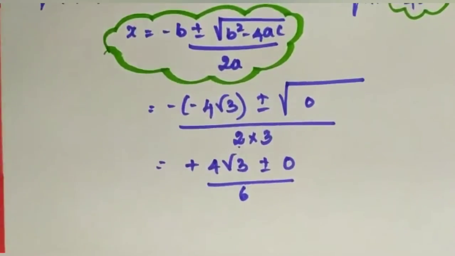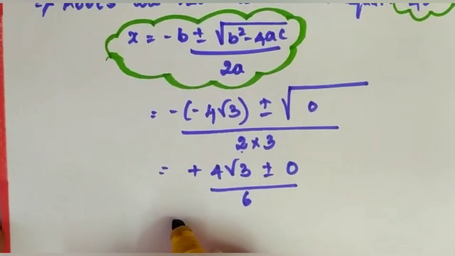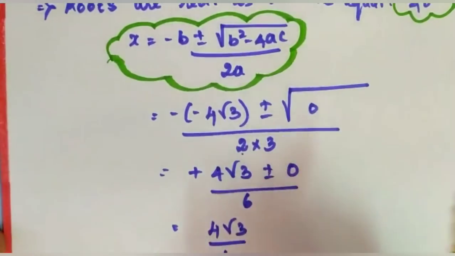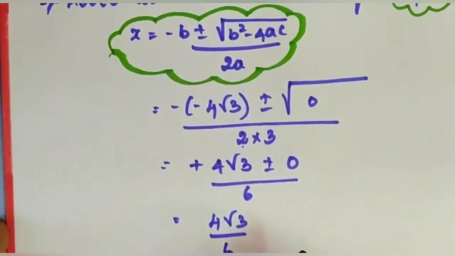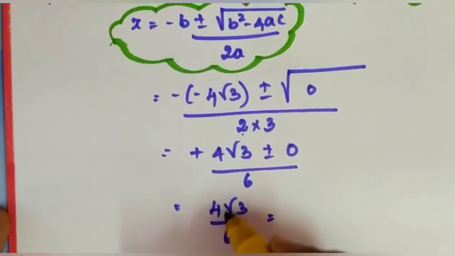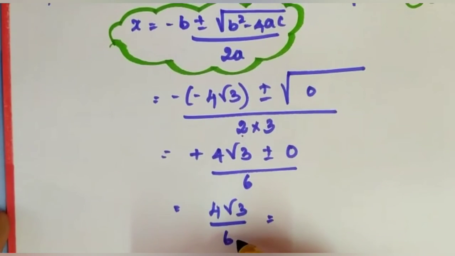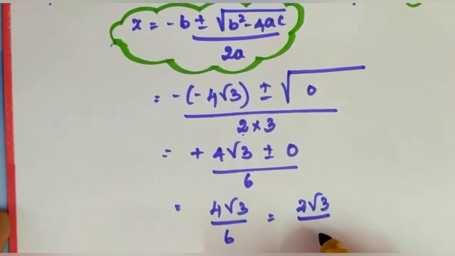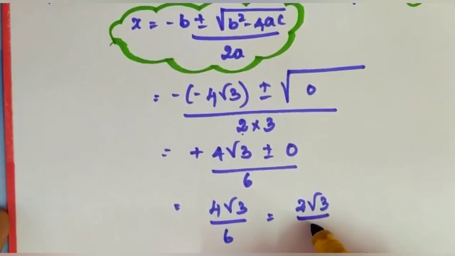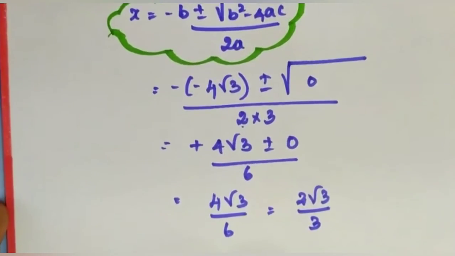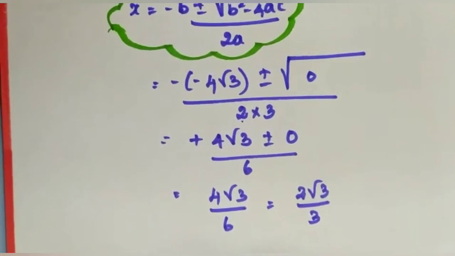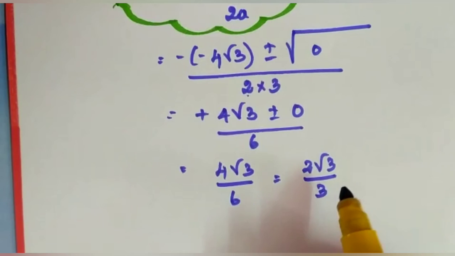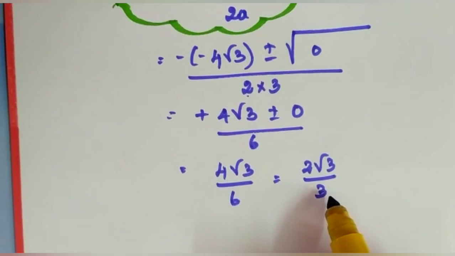Clear? Next, 4 root 3 divided by 6. We can take out the 0. We can cancel by 2: 2 root 3 divided by 3. You may ask, miss, we got one value only here.